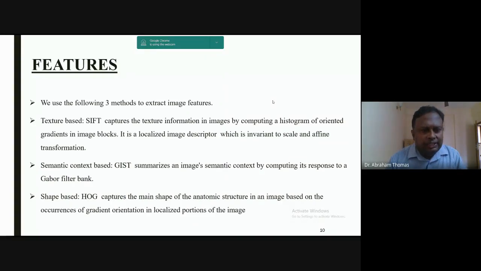The next feature is a semantic context-based one, which is called GIST. It summarizes an image's semantic context by computing its response to a Gabor filter bank. The next feature of interest is the HOG, which is a shape-based feature. HOG captures the main shape of the anatomic structure in an image based on the occurrences of gradient orientation in localized portions of the image.